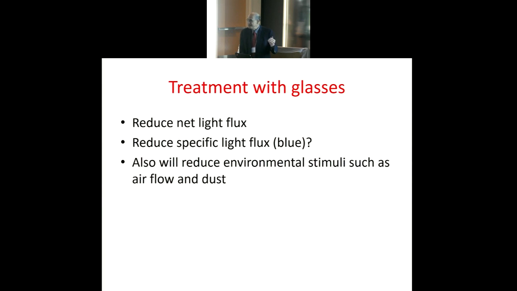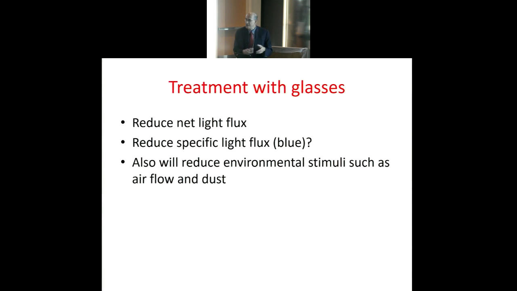So the question that is still somewhat controversial and is an interesting topic that perhaps we'll be talking about a little more later is clearly if you decrease the amount of light flux, that's better. Is it better to decrease a specific color of light that would be relevant to the melanopsin peak?